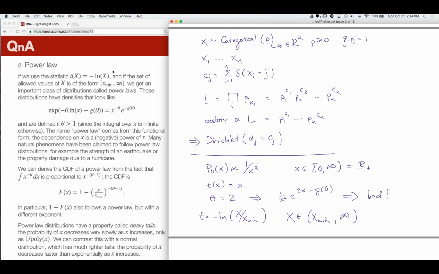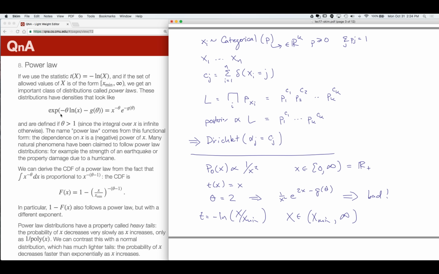If we use that statistic, then you get a class of distributions. For here, let's just suppose x min is 1, so its log is 0. You get a distribution that looks like e to the theta times t of x, which is minus log x, minus g of theta.